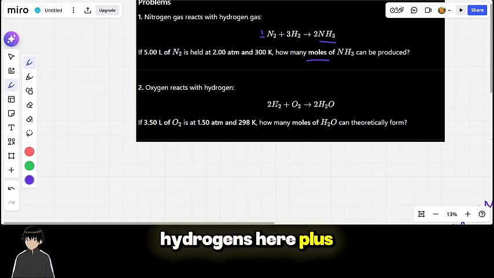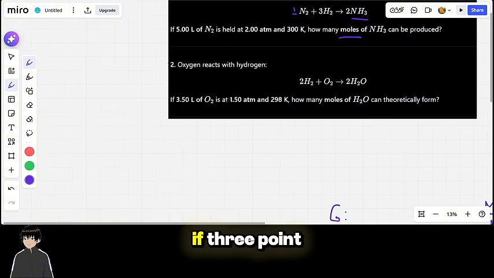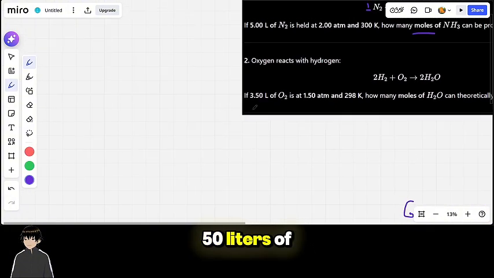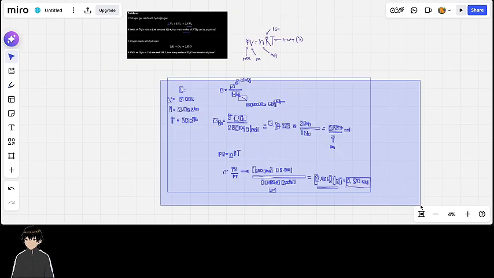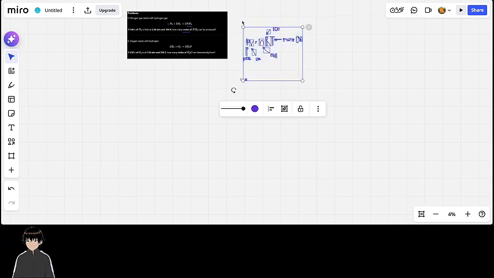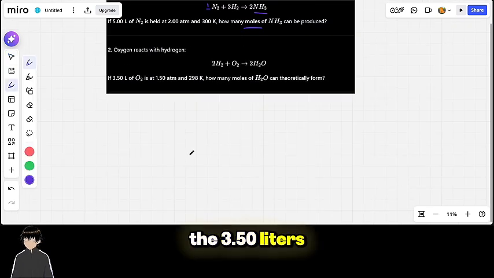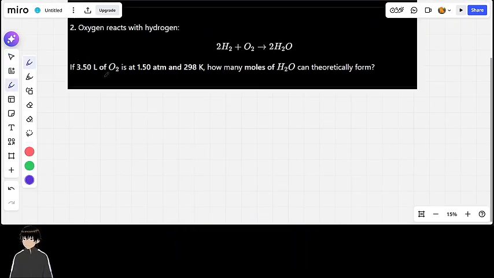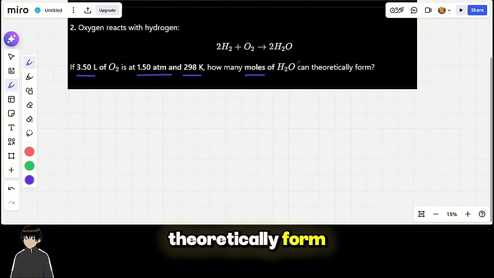You have 2 hydrogens plus 1 oxygen is equal to 2 water molecules. If 3.50 liters of oxygen is at 1.50 atmosphere and 298 Kelvin, how many moles of water can theoretically form?